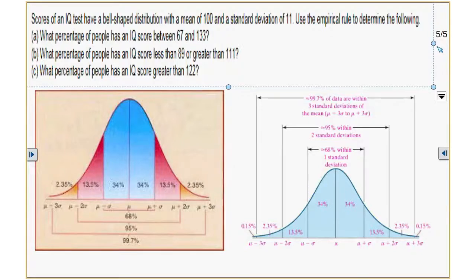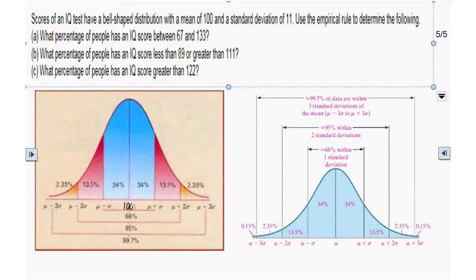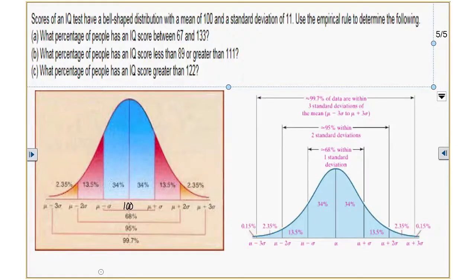And all you have to do on this one is, what are the two most important numbers in statistics? The mean and the standard deviation. So you put it on the bottom. Mean is in the middle. What is the mean? 100. So you put 100 in the middle. And what's the standard deviation? 11.